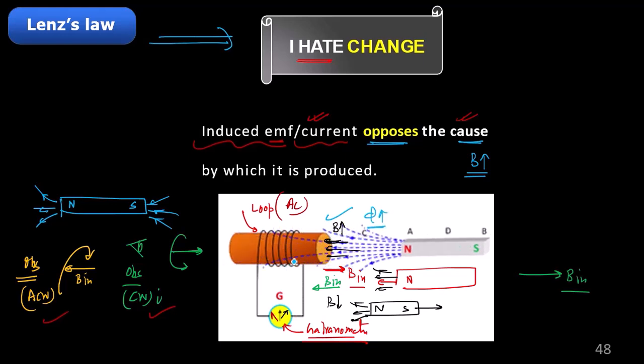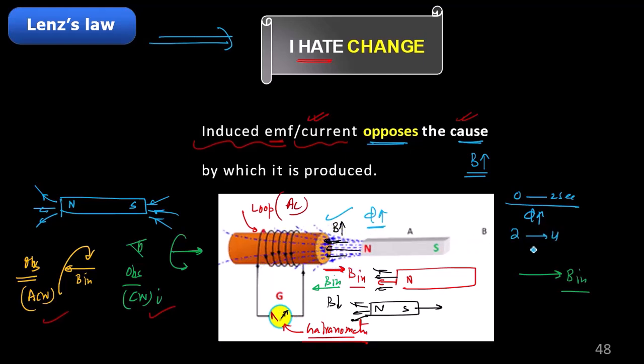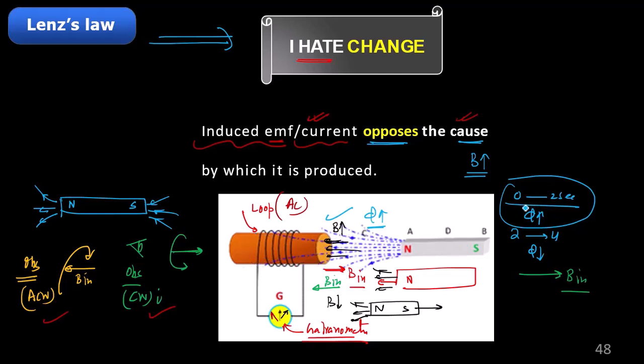Let us say once you start the movement, from 0 to 2 seconds the flux increases. Again, let us say from 2 to 4 seconds the flux decreases. Between 0 and 2 seconds the flux is increasing, that means there is a rate of change of flux. And between 2 and 4 the flux is decreasing.